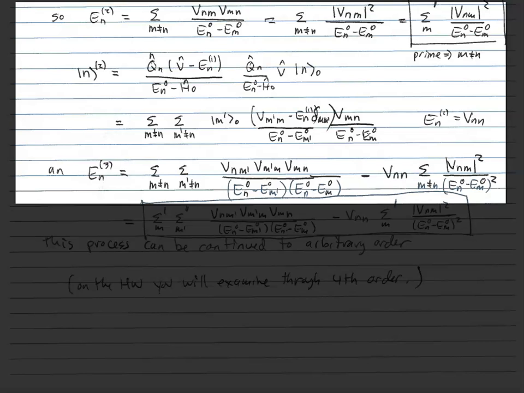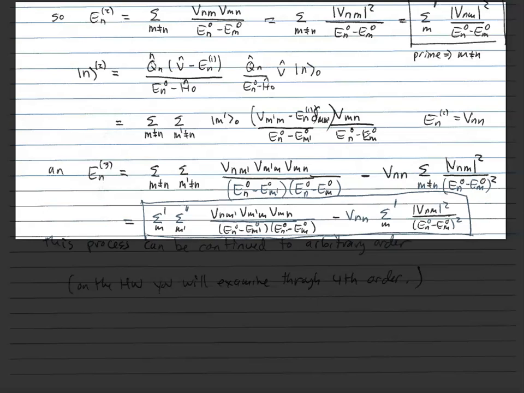The first term is a Vnm′ Vm′m Vmn, and the denominators are (En⁰ − Em′⁰) and (En⁰ − Em⁰). And then we have minus a Vnn times the sum over m with a prime, |Vnm|² over (En⁰ − Em⁰) quantity squared. Okay, so that is different from the second order shift in the energy because it has a square in the denominator rather than just the denominator.